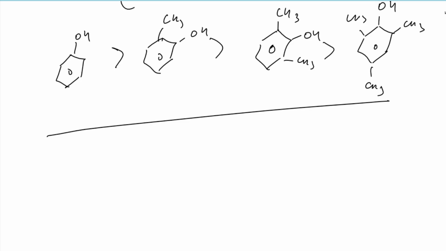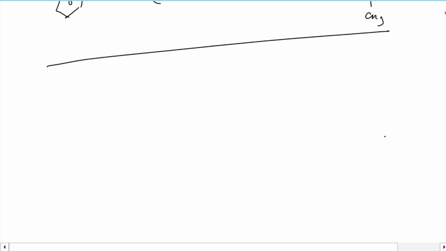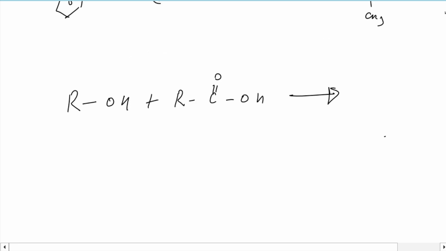Next there is one more reaction which explains the acidity of alcohols and where the hydrogen from alcohols goes. That is none other than the esterification reaction. In the esterification reaction, H2O is formed as a byproduct along with the ester.